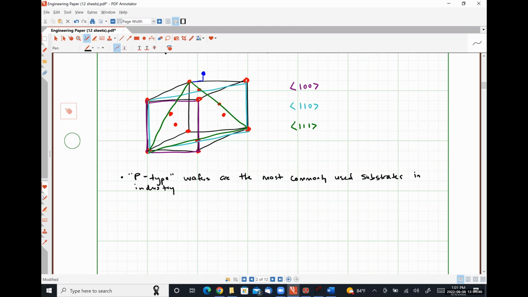When we were talking about MOSFET transistors, did we spend more time talking about NMOS transistors or PMOS transistors? NMOS transistors. P-type wafers are the most commonly used substrate in industry because you can directly put in an N-type transistor into them without any extra work. And since that's what most people learn more about, that's the one that gets used the most often, even though the opposite type of device literally behaves in the exact same way and all that kind of good stuff.